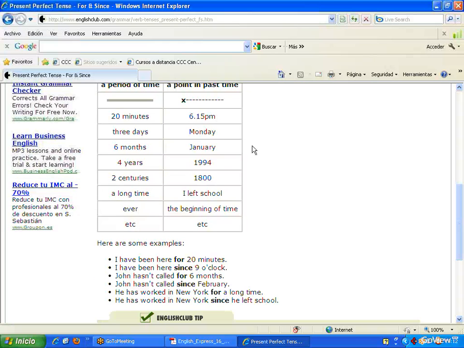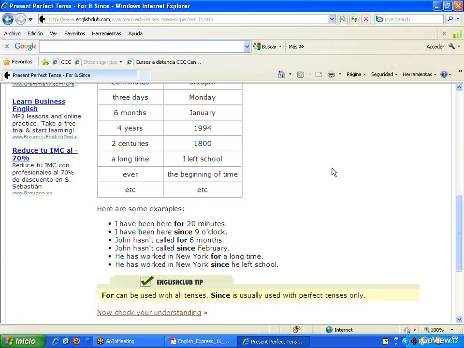I have been here for 20 minutes. I have been here for 20 minutes. Decirlo aquí para o durante o desde hace 20 minutos. I have been here since 9 o'clock. This is a period of time.